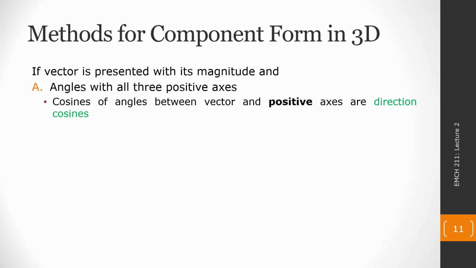So it's important to at least understand how we can go from this representation to our Cartesian component form. This is actually the easiest case, because if we know the angle that the vector makes with all 3 axes, what we can simply do is take the cosine of each of those angles, and that is going to be the components of this u hat vector. These are the direction cosines. And we'll see that in a subsequent example.